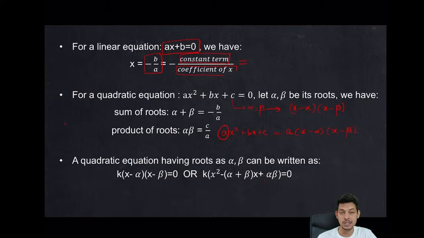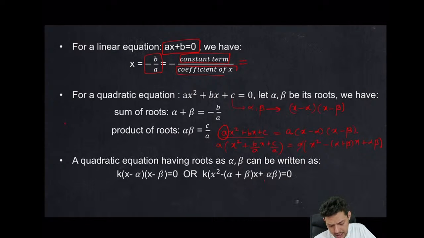Because x minus alpha is a factor, you can write it as x minus alpha into x minus beta over here, and now we are done. Simply take a common from this expression. You will get x square plus b by a times x plus c by a, and the right hand side becomes a times x square minus alpha plus beta times x plus alpha beta. Because a cannot be 0, obviously, if it is a quadratic polynomial, the leading coefficient, the coefficient of the highest degree term, can never ever be 0.